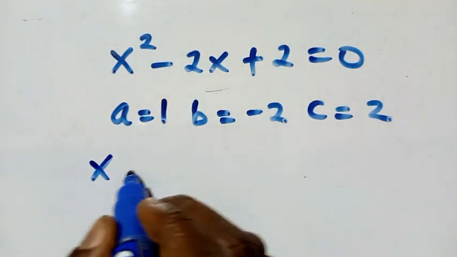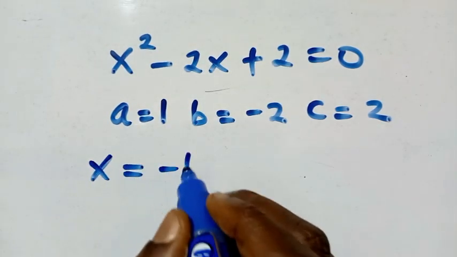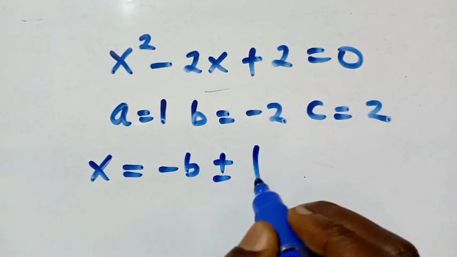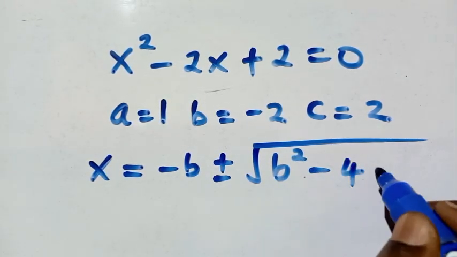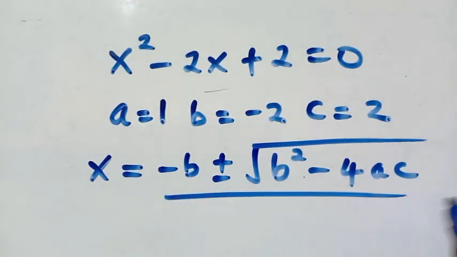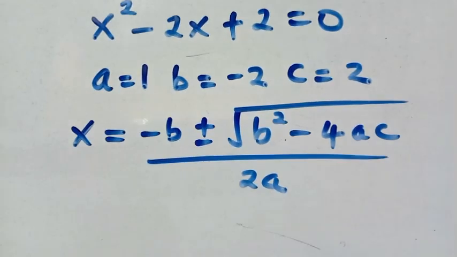Let's plug them into the formula: x equals minus b plus or minus the square root of b squared minus 4ac, divided by 2a.